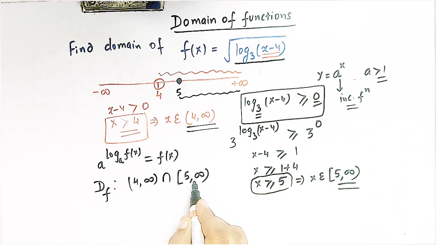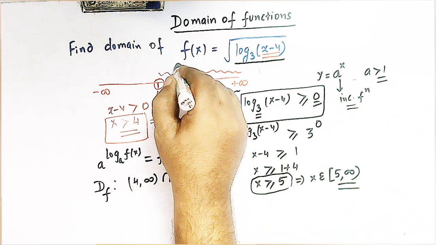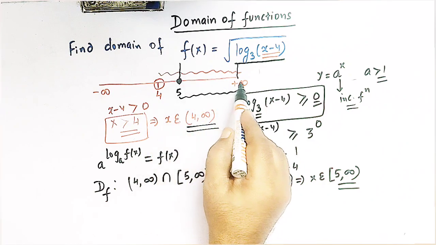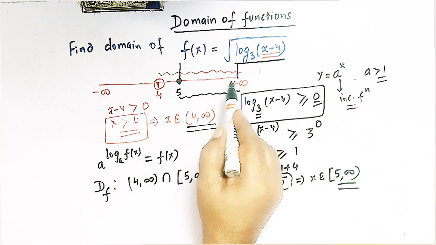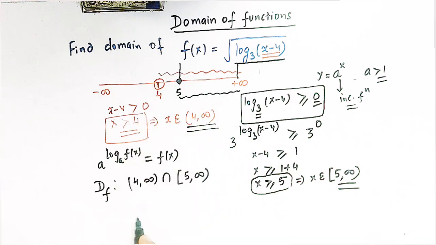The intersection of these two intervals is given by the interval 5 to infinity. So the common region is from 5 to infinity, where 5 is also included.